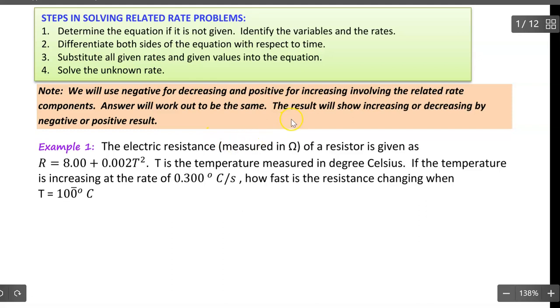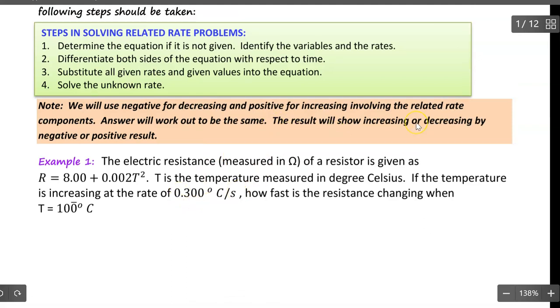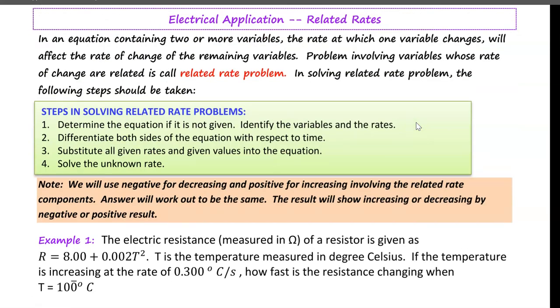Alright, so let me give you an example about related rate problems. In real life, we experience that all the time, but sometimes we tend to ignore it because it seems to be so normal for us. One thing that is actually very simple, and we tend not to pay attention to, is the light bulb.